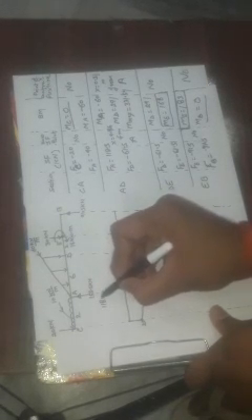At point A, it is 118.5, and at D it is 61.5, and this portion is subjected to UVL. The power of x is 2. Already we have covered it.